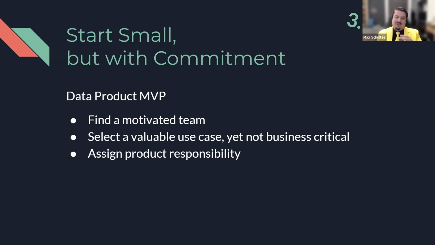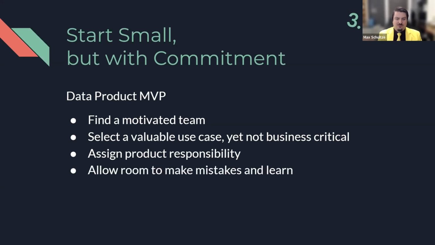But also, and that's the second half of the middle point, while you want a valuable use case, you also need to ensure that you're not taking something that is absolutely business critical. Do not put too much pressure on your MVP, because you need to make room to make mistakes and learn.